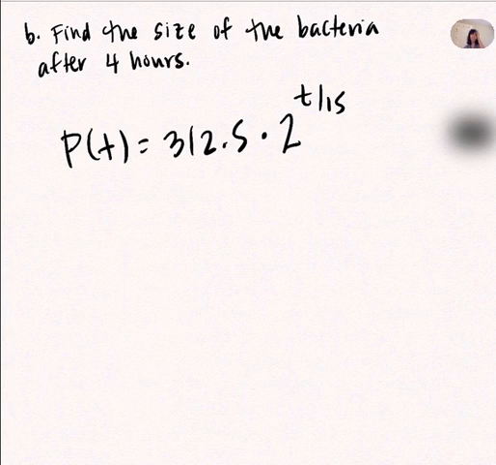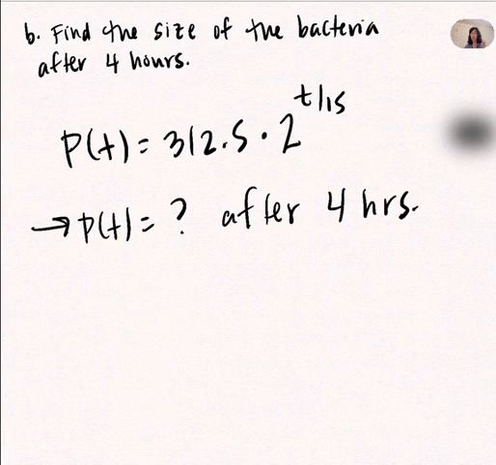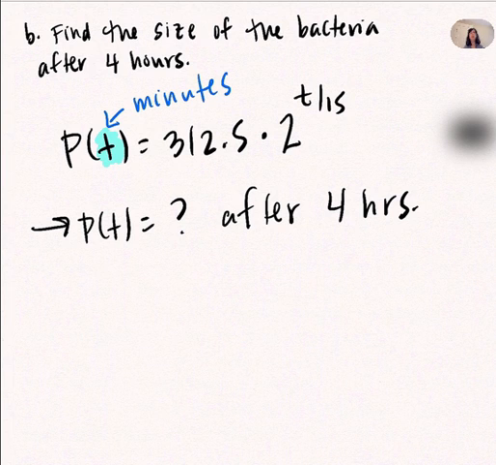So we have that from earlier. We want to find the size of the bacteria after 4 hours. So what is P of t after 4 hours? Now, it's really important that we remember that in this equation we just found, t here is in minutes. We want to know the size of the bacteria after 4 hours.